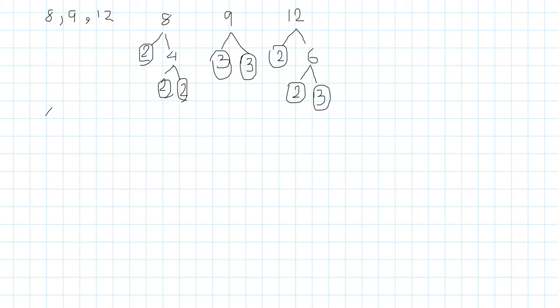So we can write 8 as 2 to the power of 3. And 9 we can write as 3 to the power of 2. And 12 we can write as 2 squared times 3.